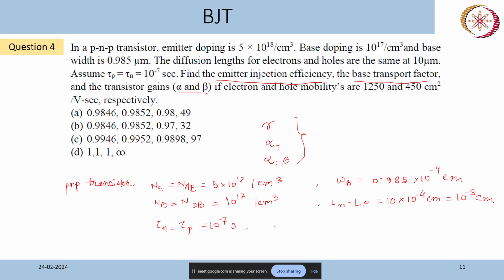Mu n, electron mobility, is given as 1250 centimeter square per volt second, and mu p is given as 450 centimeter square per volt second.